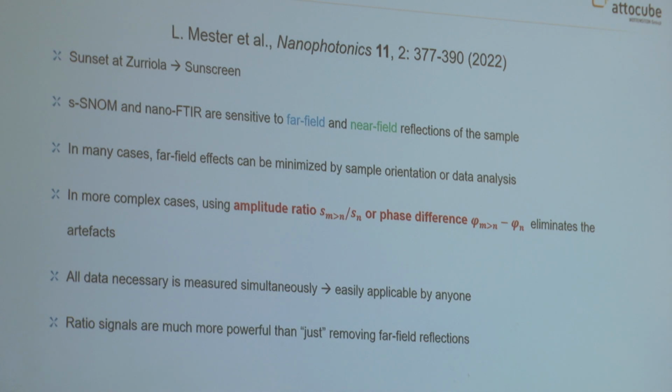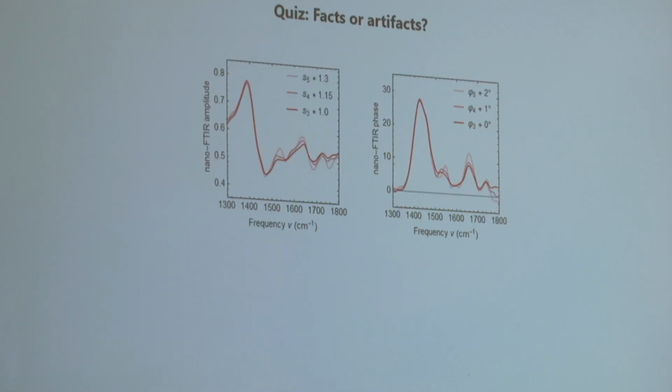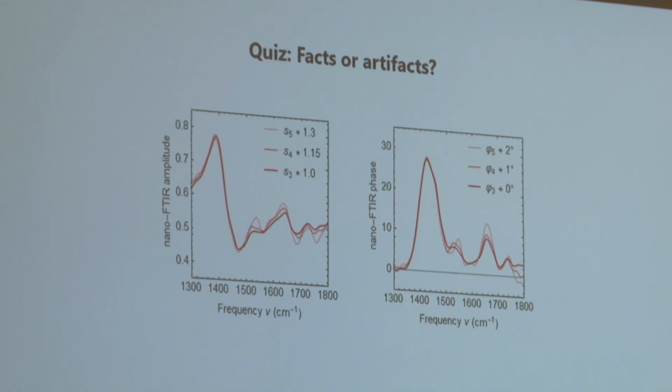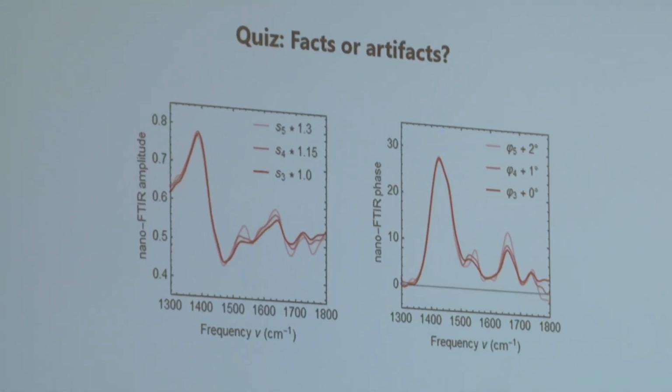And then I have one last slide where I plot different demodulation orders, amplitude and phase. You've seen the spectra before, but maybe by looking at these peaks, are you able already to tell which one is real and which one is not real? Which one is near field and which one is far field?